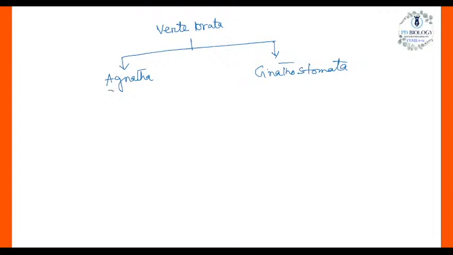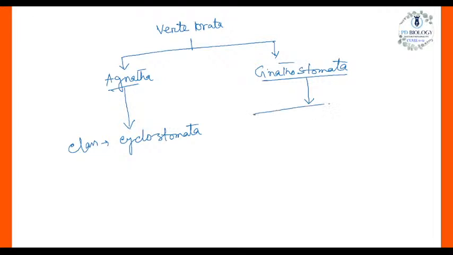So this is jawless and this is jawed animal. Here only one class, that is Cyclostomata. And Gnathostomata having two superclasses, that is Pisces and the Tetrapoda.